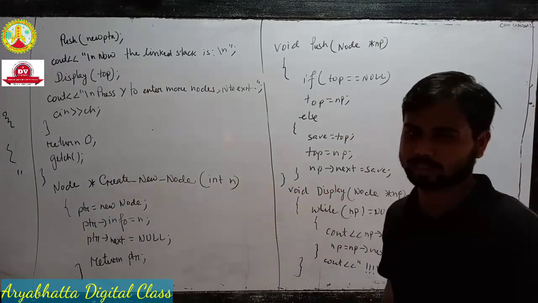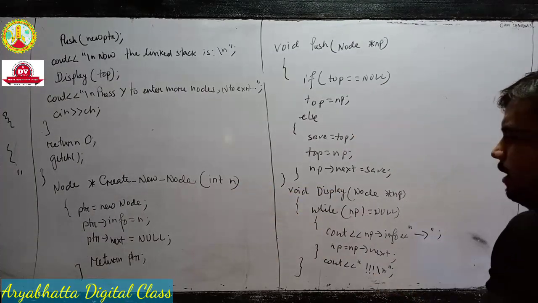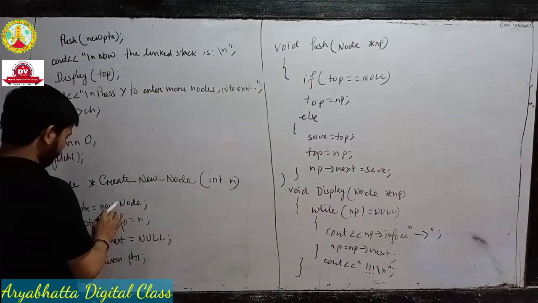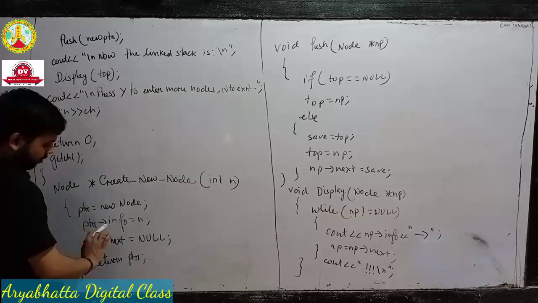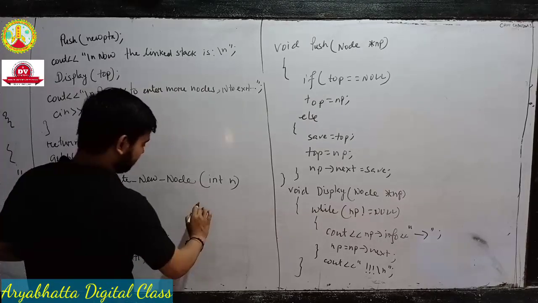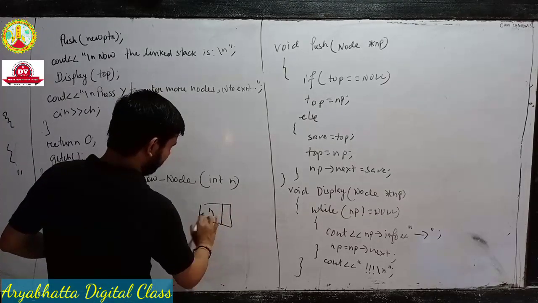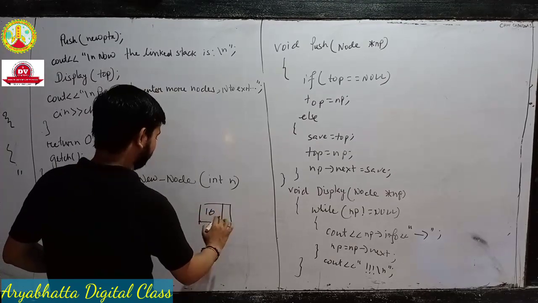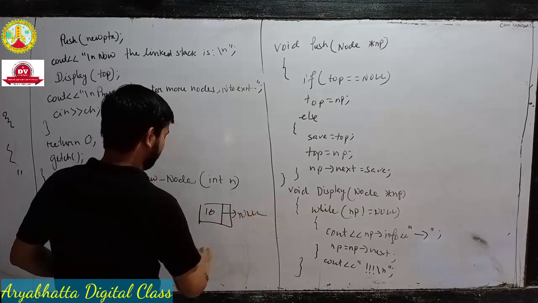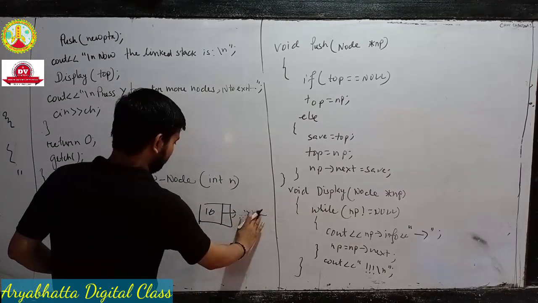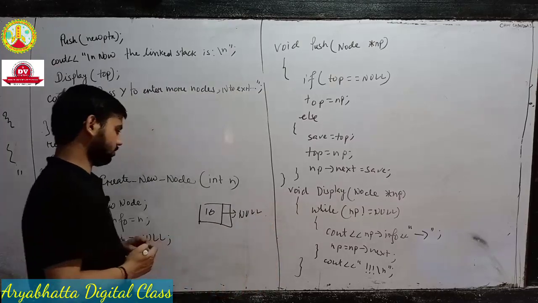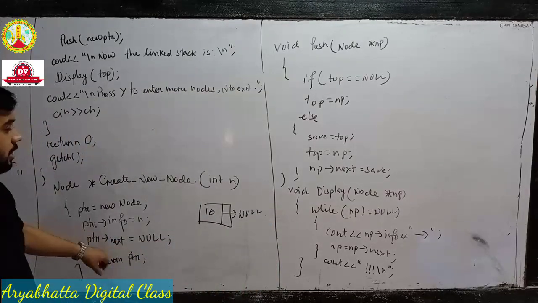INF will be as an n variable, integer n. That's why we use ptr is equal to new node, and the pointer's info part will be n. This means this is an independent node. Well, this is n, integer n, means any integer value, say 16, and this is null, okay? This will be creating the node, okay? And this is returned to the main function.